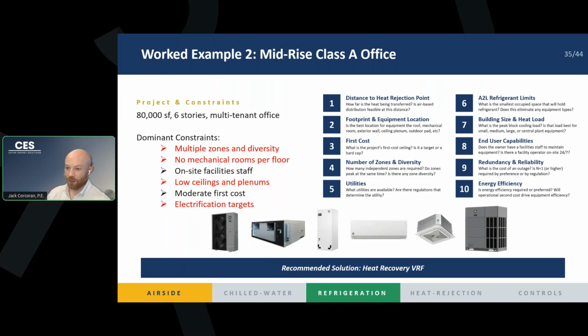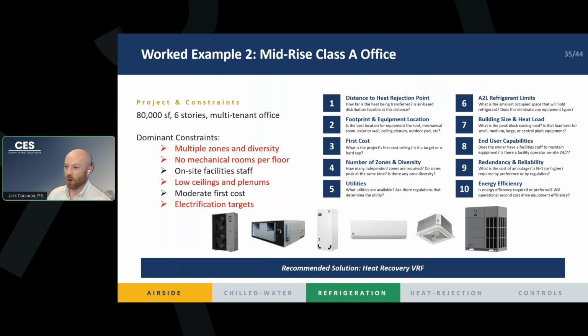Another thing VRF is great with is low ceilings and plenums. You can stick a high wall indoor piece of equipment on the wall in every room, and that can serve that space. You don't have any ductwork, you don't have to take up ceiling space, and your architect is very happy that you are not compromising their ceiling heights. The other thing is VRF is very energy efficient. These units modulate.